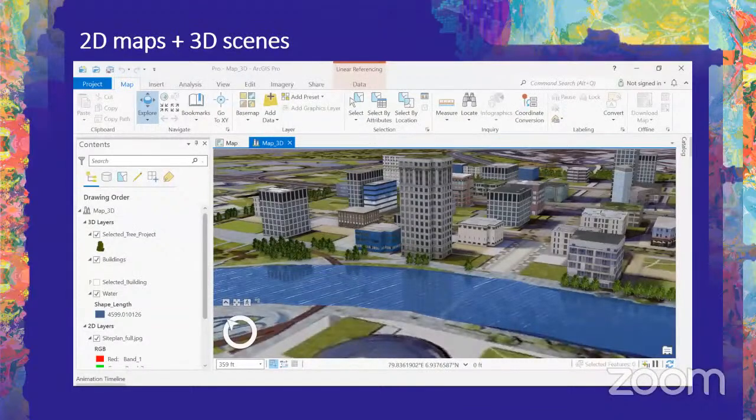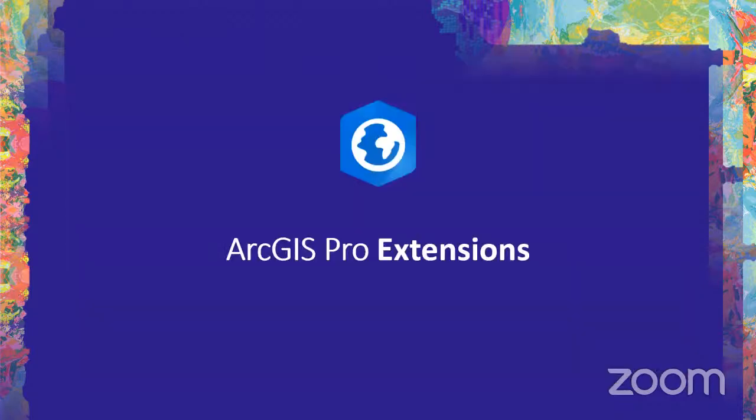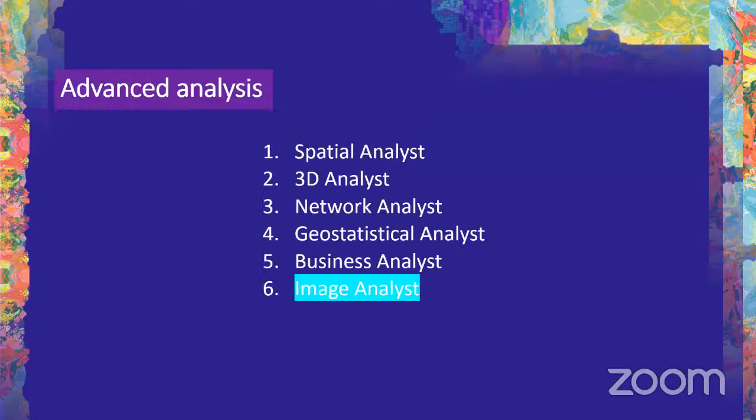With these different integrations, there are extensions in the product. There are major extensions: spatial, 3D, network, geostatistical, and business analyst. The newly introduced extension is called Image Analyst. This has integrated capabilities for image processing and various functions.